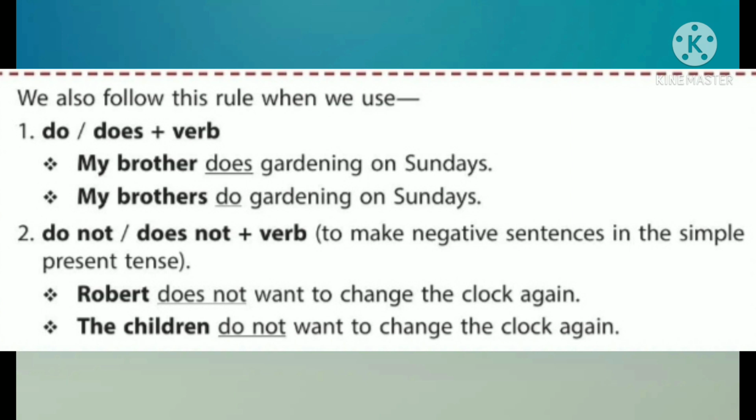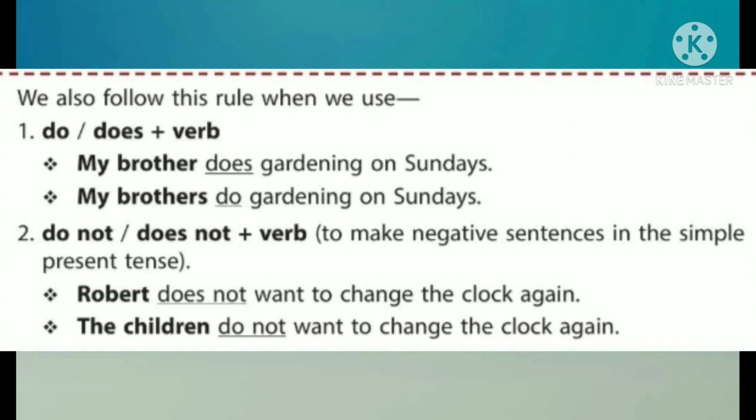Second rule, do not or does not plus verb to make negative sentences in the simple present tense. Example, Robert does not want to change the clock again. I have told you Robert is singular subject. So we use does. And it is a negative sentence.